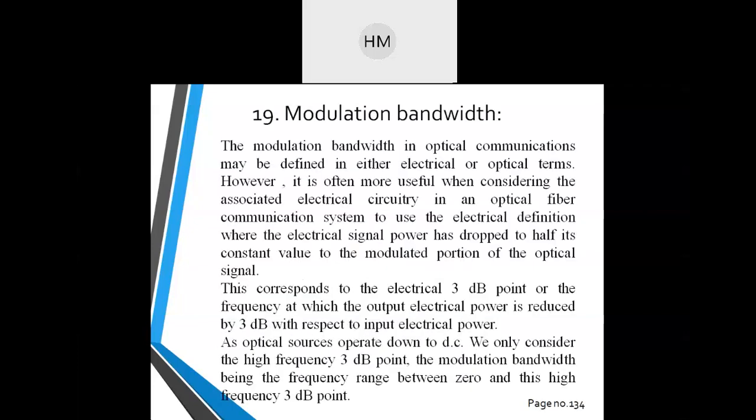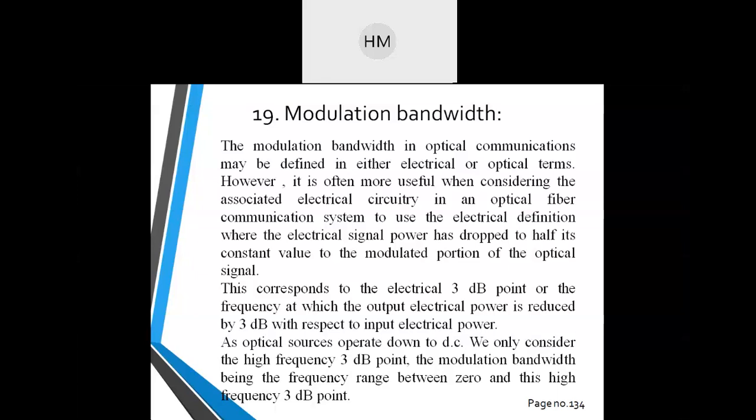Next topic is modulation bandwidth. What is the bandwidth? We all know, very important parameter through which your light is produced. What is its bandwidth? What is its range? That is very important. So modulation bandwidth in optical communication may be defined in either electrical or optical terms. Okay, both bandwidths we can define.